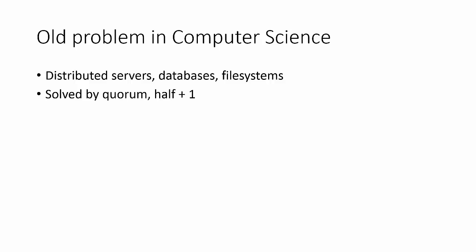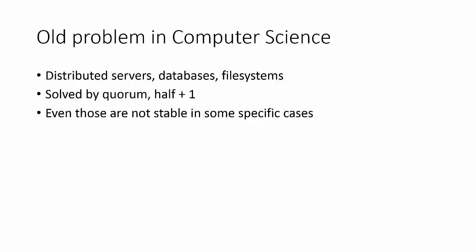This means that the set of nodes that can communicate that do not reach quorum either stop functioning or at the very least do not mutate any values. Even these mechanisms are not stable in some specific situations and leads to complicated setups.